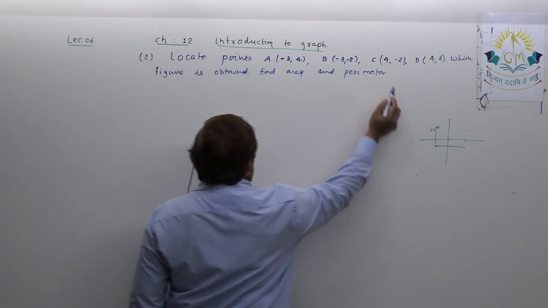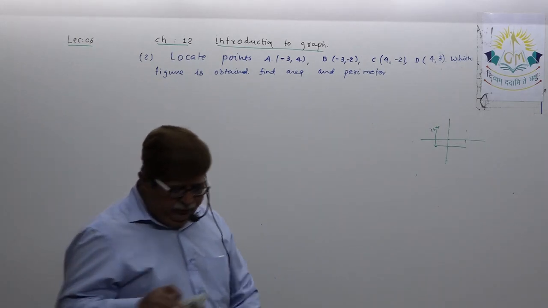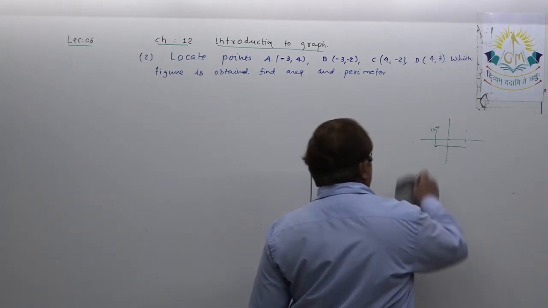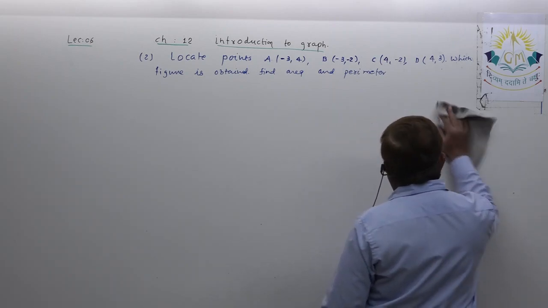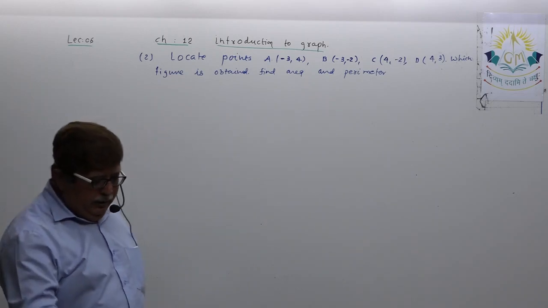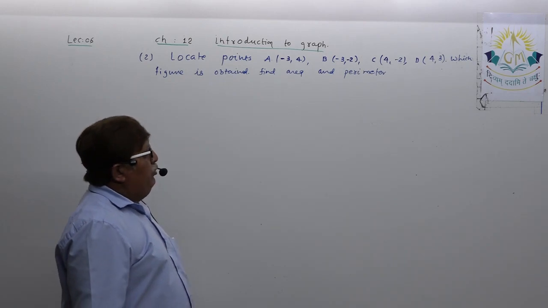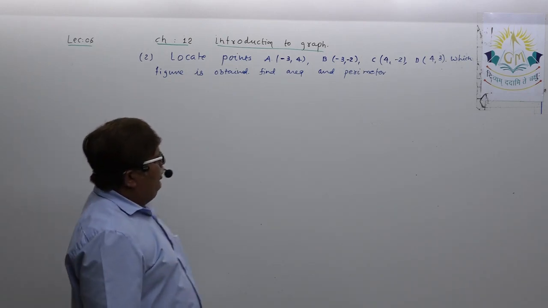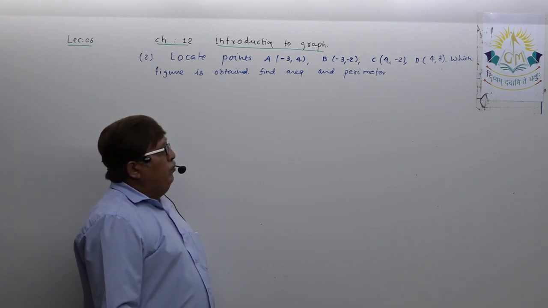We have to find both area and perimeter. First, dear student, you just understand the question only. Here we have to find both. We also have to find area at the same time. We also have to find perimeter also. Okay? Right.